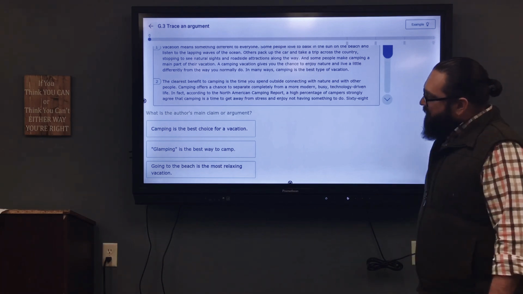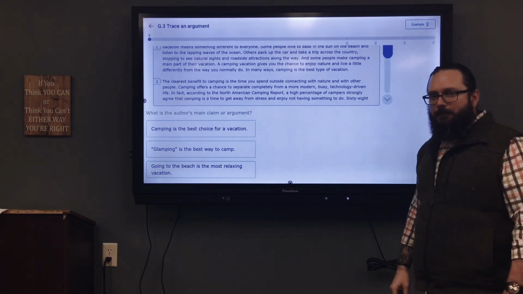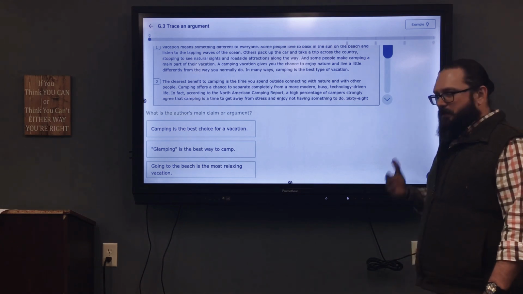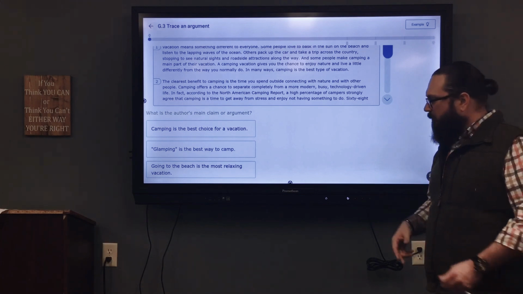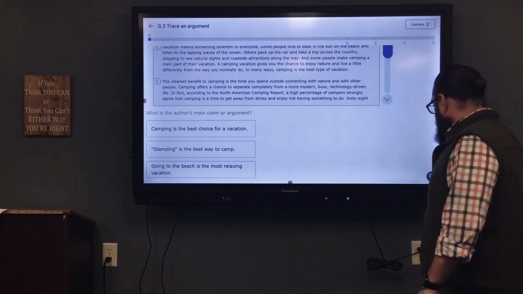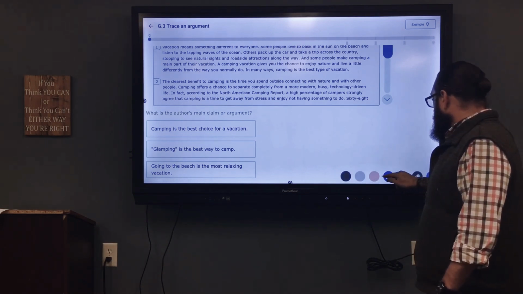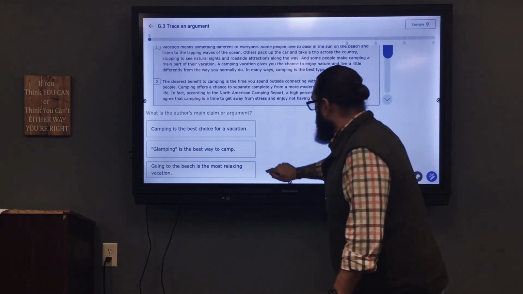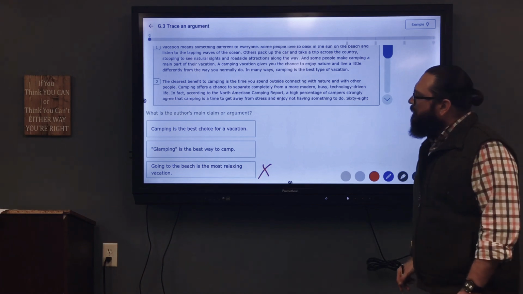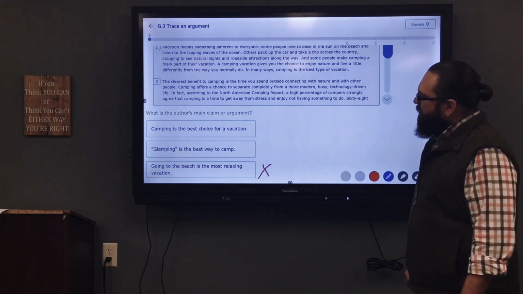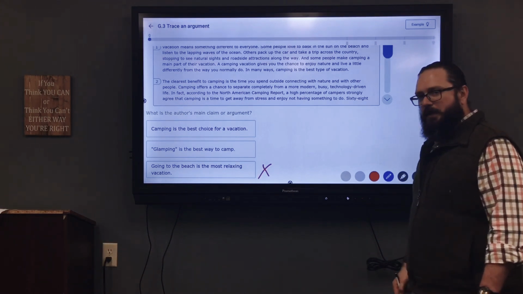The first one that sticks out, going to the beach. Is there really anything in this passage that is talking about beach life? No. So we can go ahead and rule that one as not an option right off the bat. So camping is the best choice for a vacation, or glamping is the best way to camp.